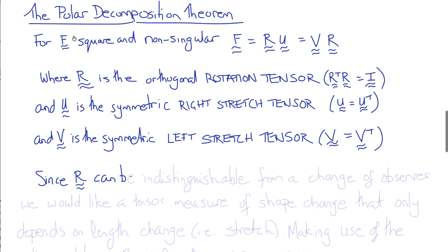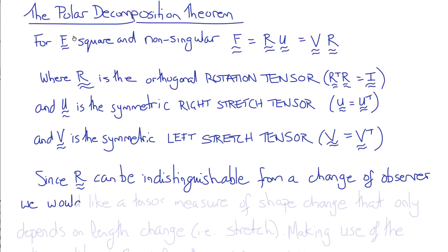Now, since the rotation could be a rigid body motion that could be indistinguishable from a change of observer, we really want to get rid of R. We're really interested in shape change, and shape change amounts to length change.